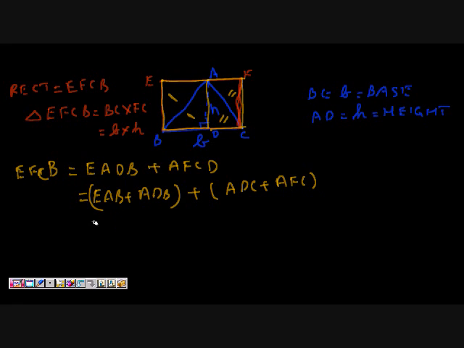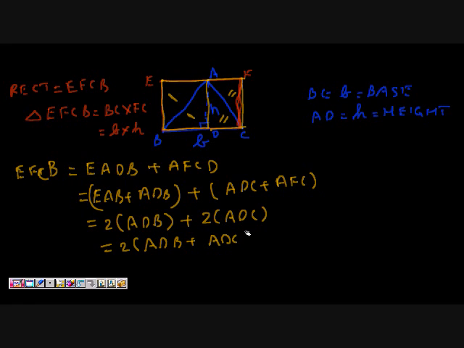So we can write it as 2 times ADB plus, ADC and AFC should be equal for the same reasoning that the diagonal AC divides the rectangle into two parts, so we can write it as 2 ADC, which is 2 times ADB plus ADC.